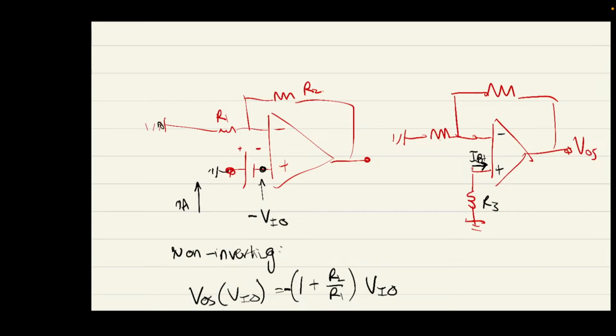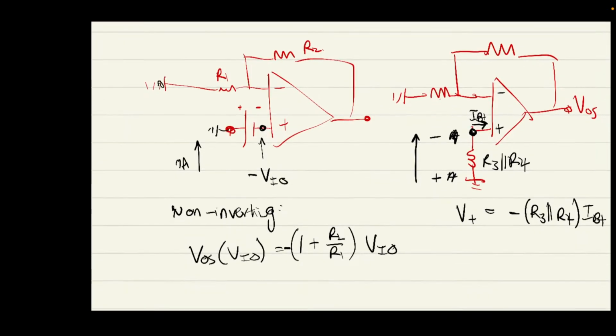We have R3 parallel R4. So to find this voltage, using Ohm's law, I can find that the positive terminal voltage is going to be a negative voltage again, because if I draw this correctly, we actually have the current going upwards, so the drop is going to be in this direction. So we're going to have a negative voltage at the positive terminal, and it's going to be negative R3 parallel R4 times IB plus.